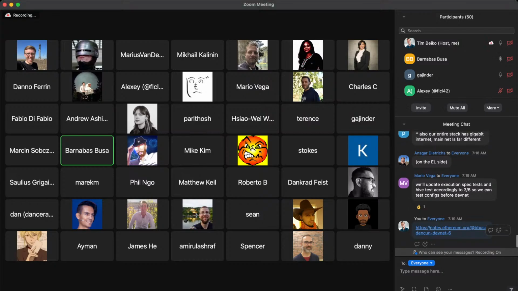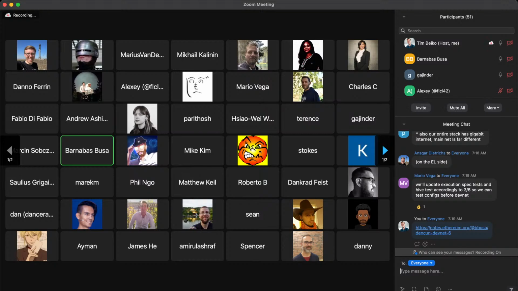We currently have DevNet 6 running with Lodestar and Teku on the CL side, and on the EL side we have Nethermind and Ethereum JS. Besu is not working just yet, but they are already part of it, and Geth is also not working just yet, but they are also part of it.